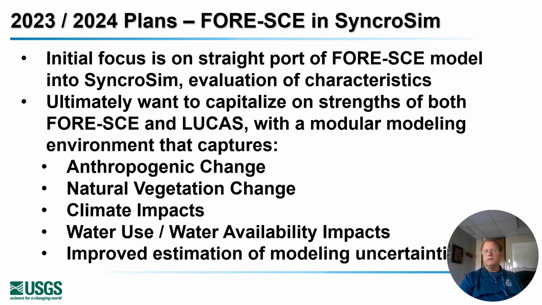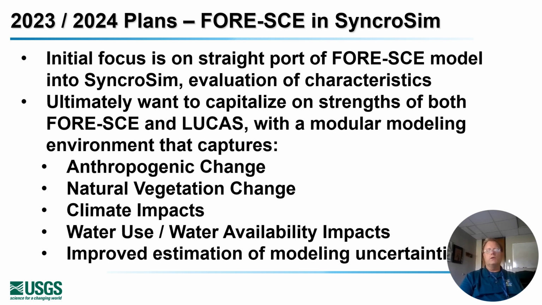in that they each have a different approach, which I'll get to in a second, but they each have different strengths of what they model on the landscape, with 4C being very adept at modeling anthropogenic change using parcel-based networks to get really high-resolution spatial representation of what's happening on the landscape. Versus something like Lucas that does a really nice job with state and transition models on natural vegetation change.